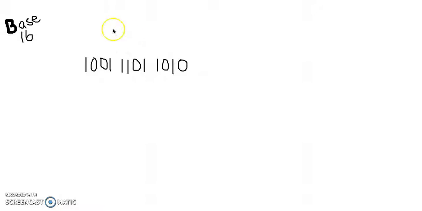So let's start with writing down the hexadecimal number line. Since it's base 16, you're going to have 16 items up here in your number line. So we're going to start with 0, 1, 2, 3, 4, 5, 6, 7, 8, 9.